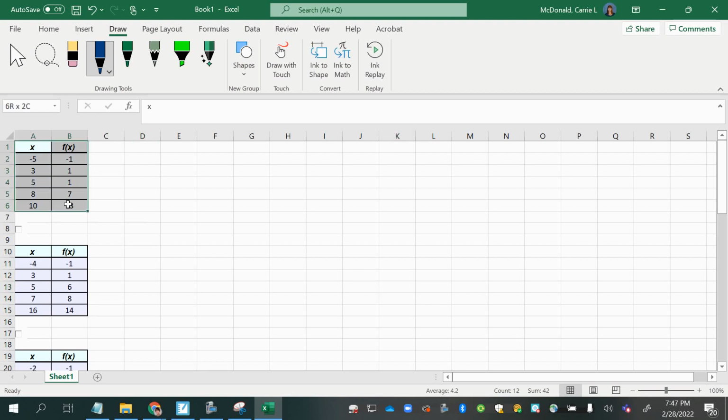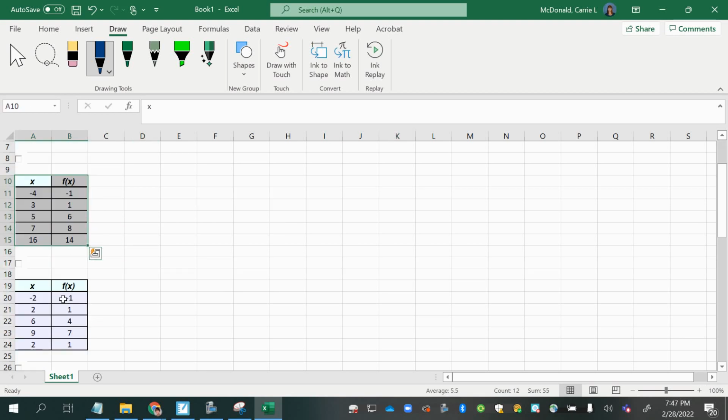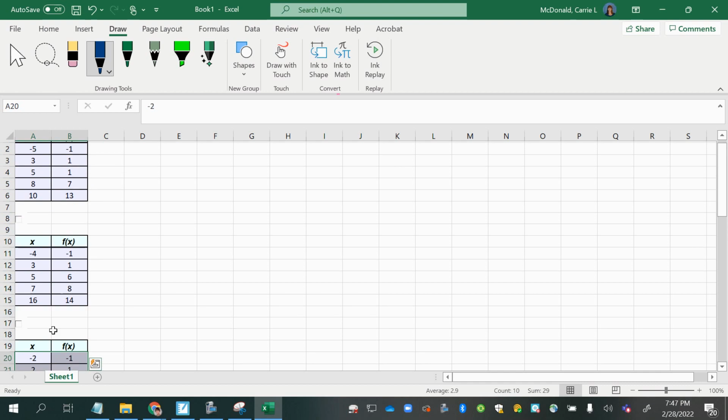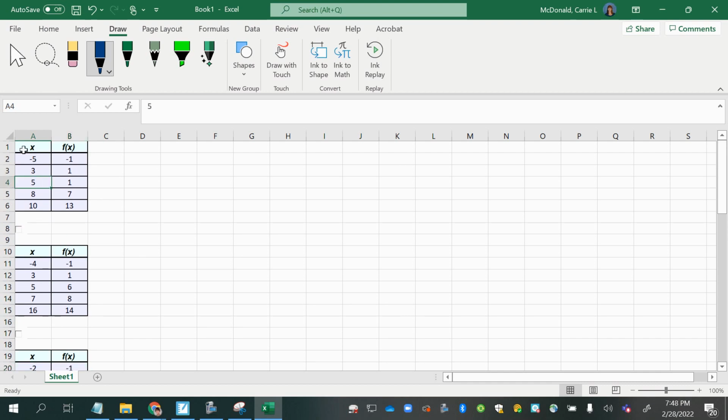Let's look at each one of the provided tables here to determine which ones represent functions. So the first table, I see that every single pairing of x and y, and remember y and f of x are interchangeable notations here. So if it helps you, you can just call these y values.